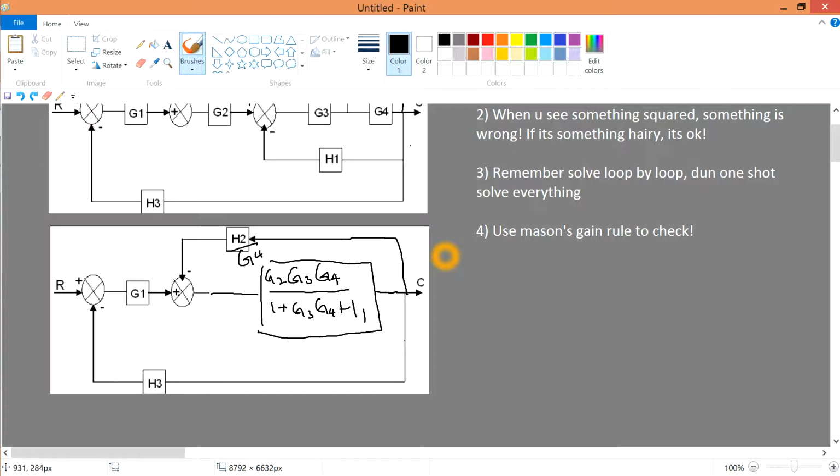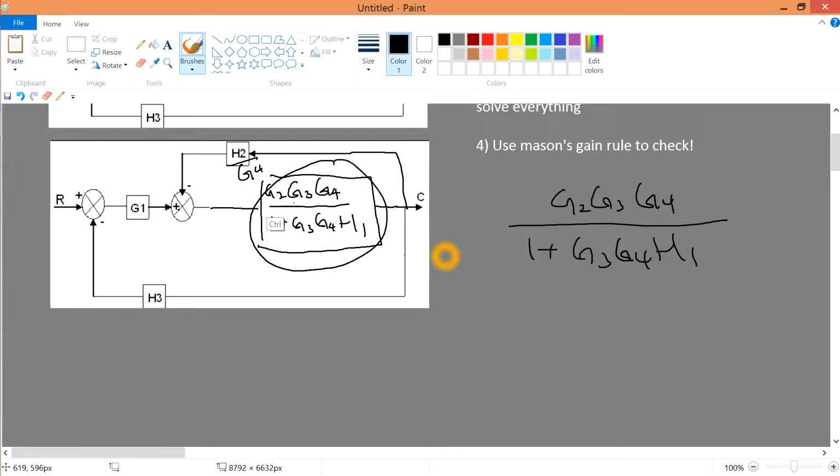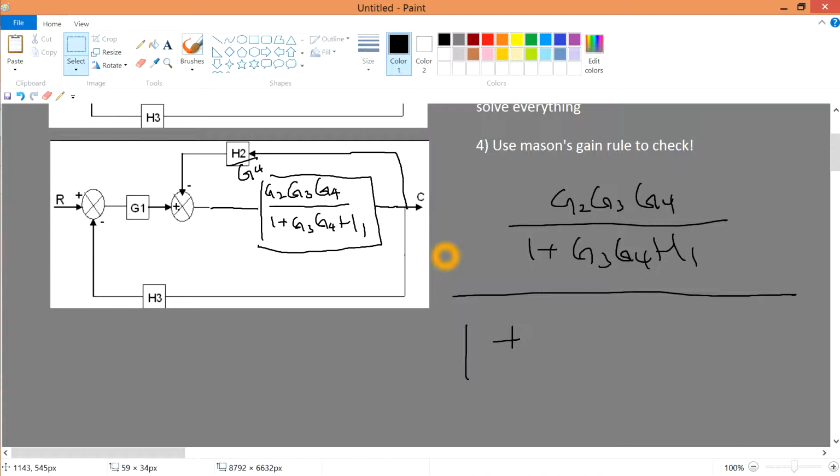This is why I say this is very important, because if you one-shot solve everything, you're going to miss something out. So I have G2 G3 G4 over 1 plus G3 G4 H1. This is the forward loop, it's going forward, divided by 1 plus everything that is in the forward loop.